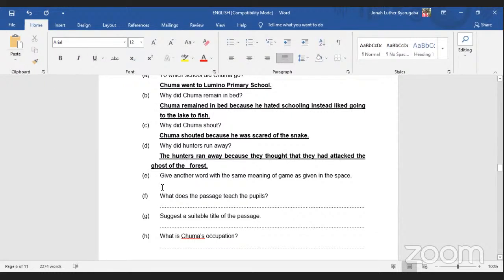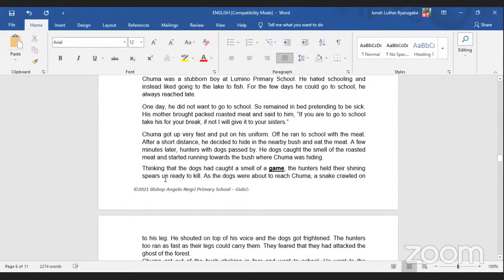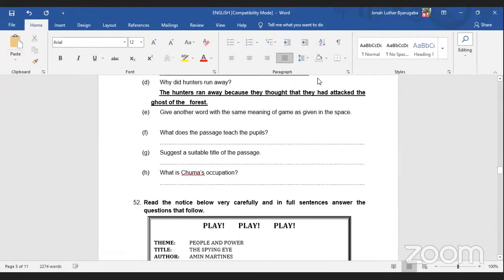Yes, Hafi. Should I scroll back for you? The word game is used here, thinking that the dogs had caught a smell of a game. Is Hafi still on the call?